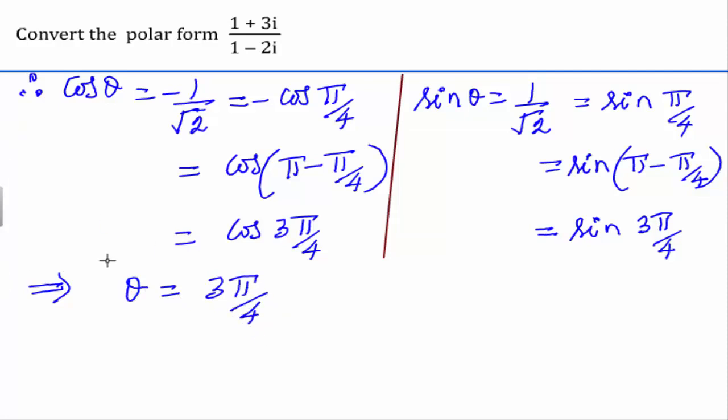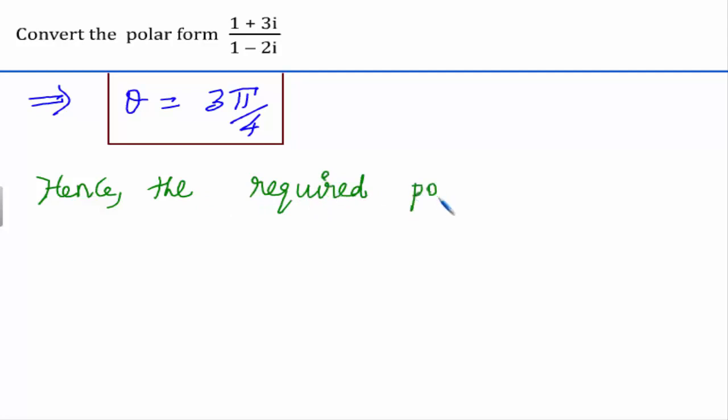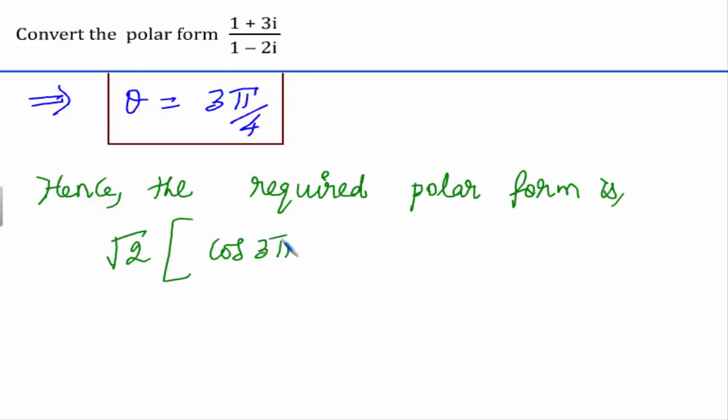Already we have found the value of r. Hence, the required polar form is root 2 multiplied by cos 3 pi by 4 plus I sin 3 pi by 4.